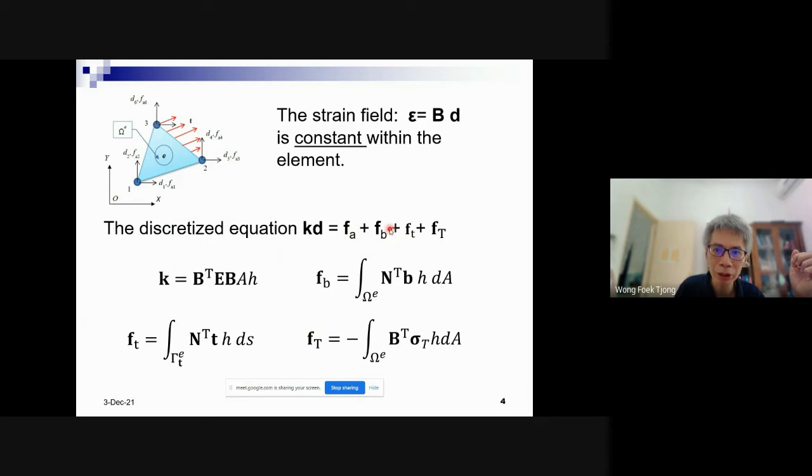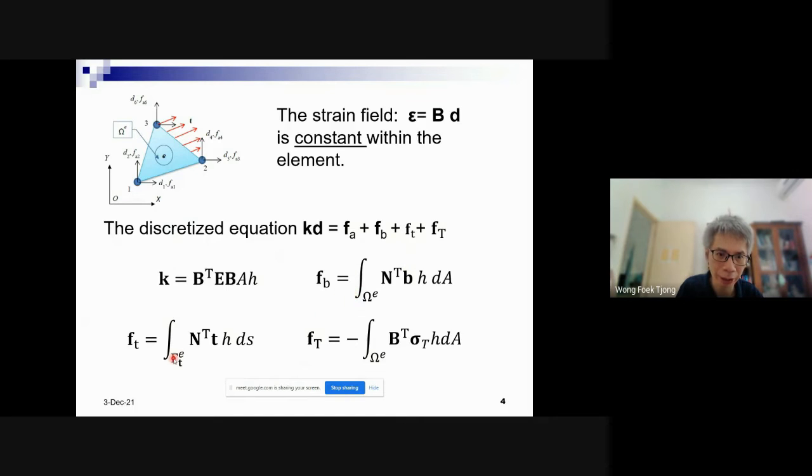This is the body force we just discussed, and the traction. And if there is temperature change, we also have the equivalent nodal force due to temperature change. This is the formula we can use to calculate K and the body force.